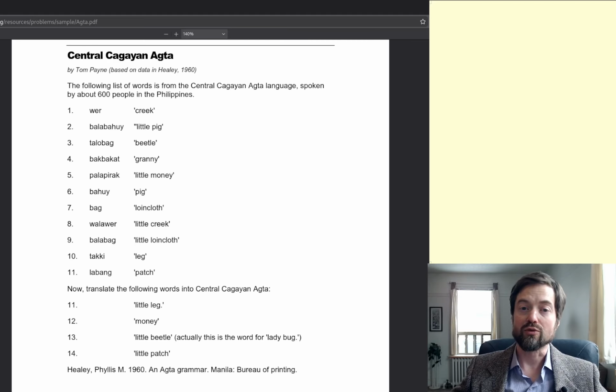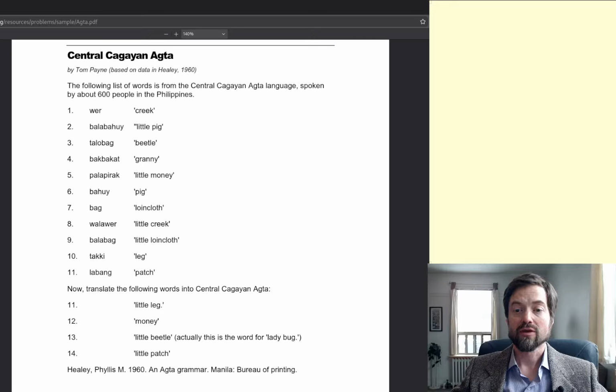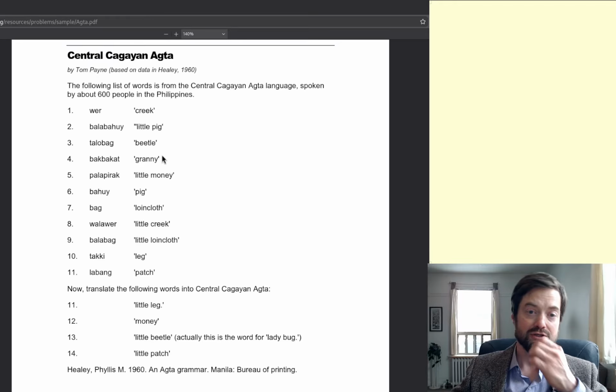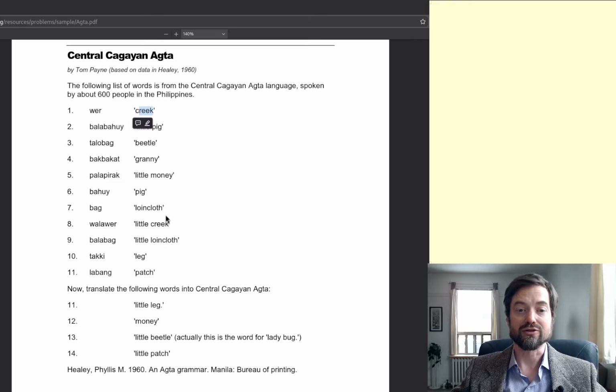As usual with these kinds of puzzles, it's all about finding the patterns. And the first pattern that jumps out to me is this little, right? So we're seeing these pairs of words where one is a thing and then there's a little thing. Okay.